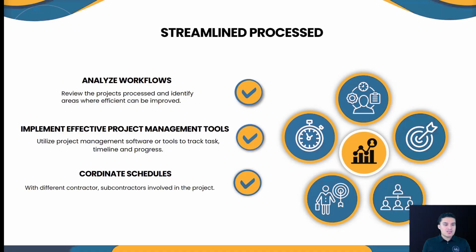Implement effective project management tools. Utilize project management software or tools to track the tasks, timeline, and processes. There's a few tools that you can get in order to optimize and minimize the expenses.